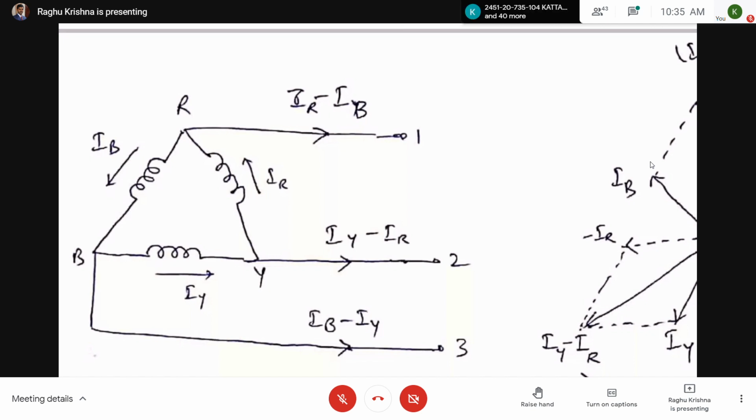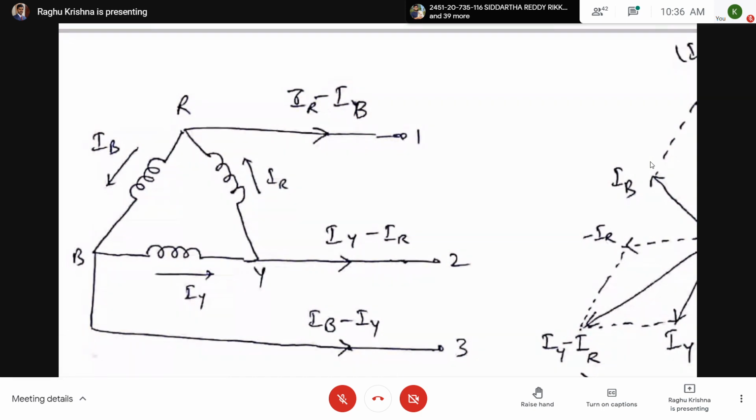Now coming to line current. Line currents are those flowing in the lines: line 1, line 2, line 3. The current flowing in line 1 is equal to IR minus IB. So apply KCL at this point. If you take IR as incoming current and IB as outgoing current, I1 as outgoing current, so you can take I1 as IR minus IB.